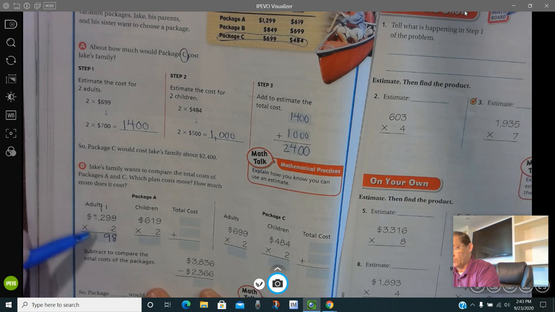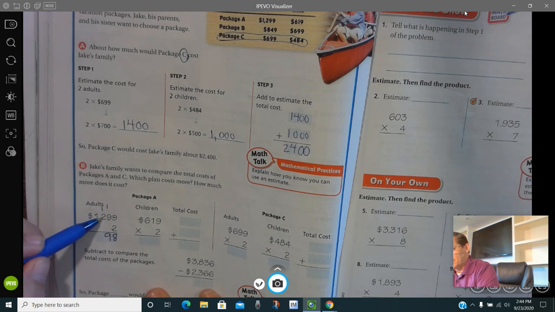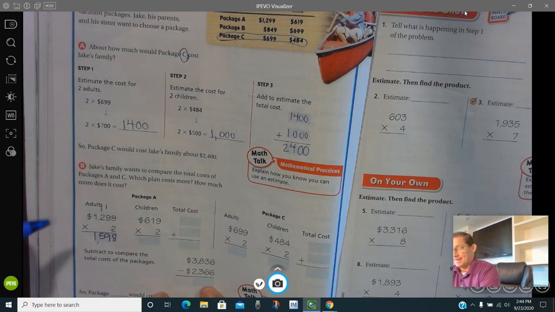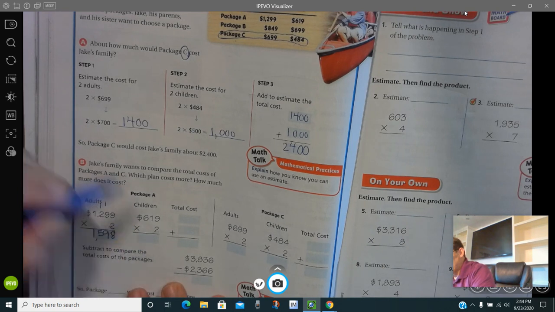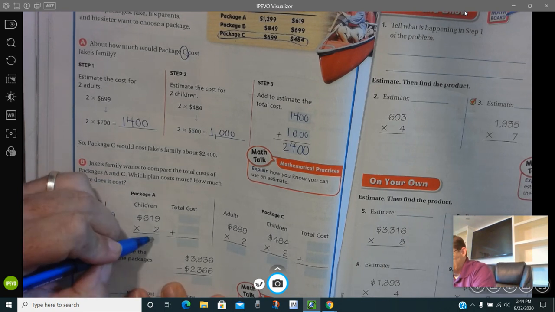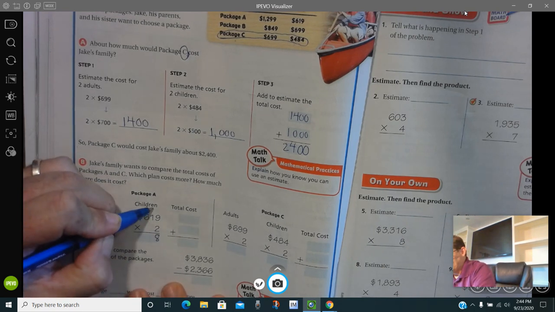So we're going to regroup 10 of those 19 tens as 100. 2 sets of 200s is 400, plus the regrouped 100 is 500. So $1,598 for the adults.